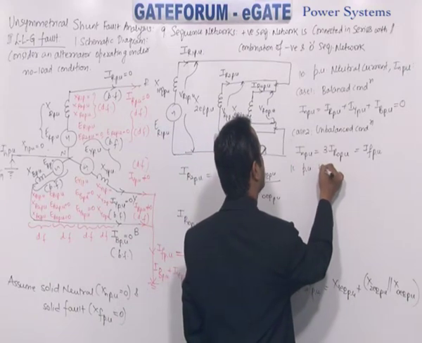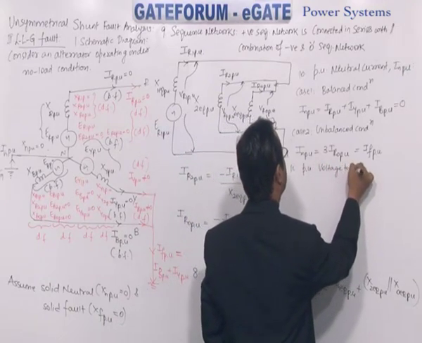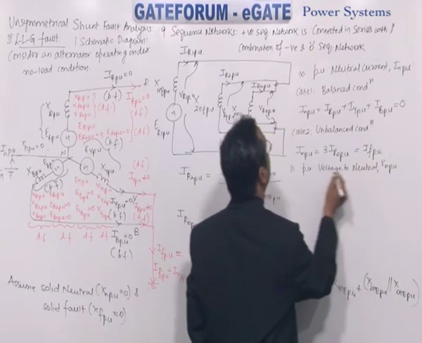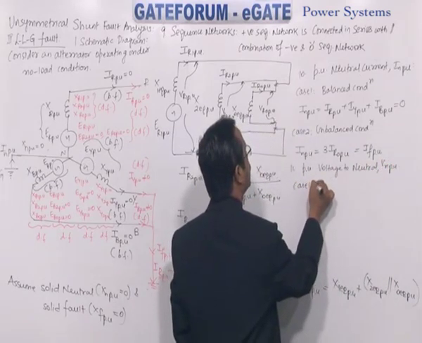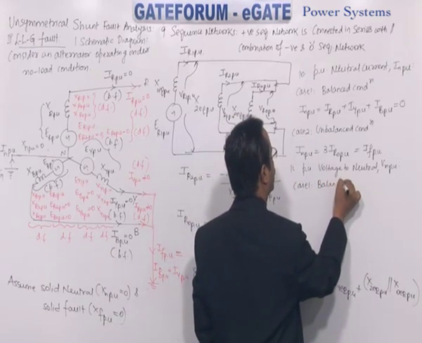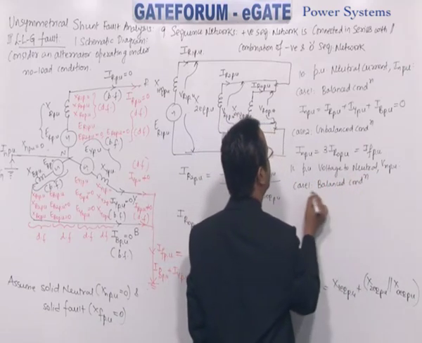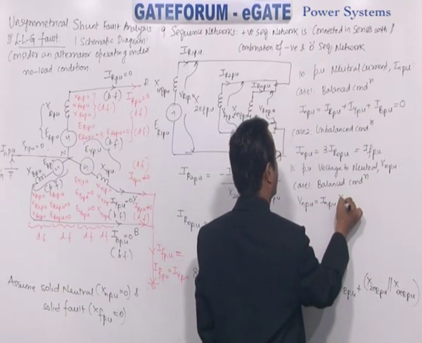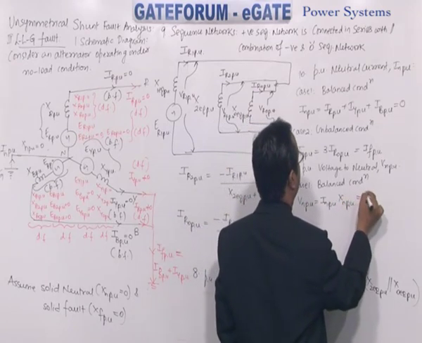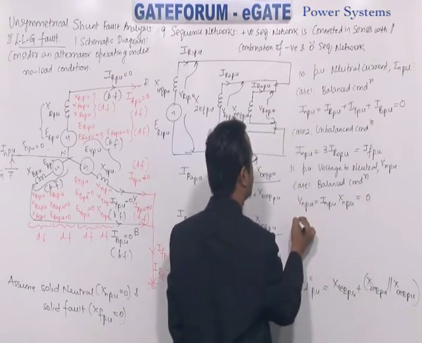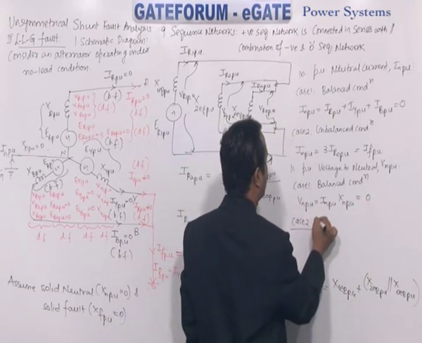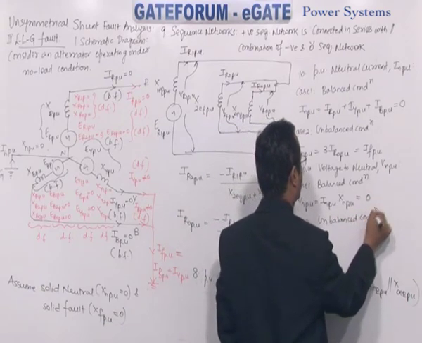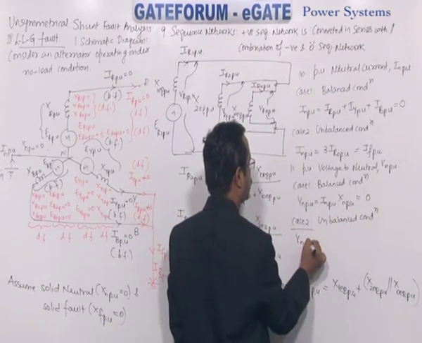Next is the per unit voltage to neutral. First is case 1, balanced conditions. Vn per unit is In into Xn. In is 0, so Vn is also 0. Now case 2, unbalanced conditions. What is Vn per unit?